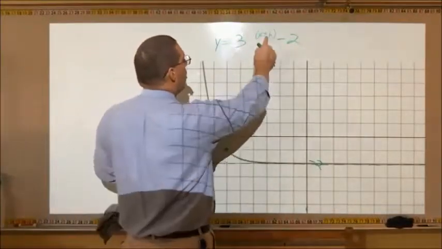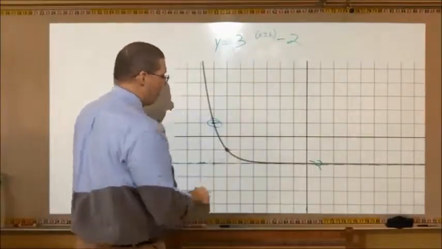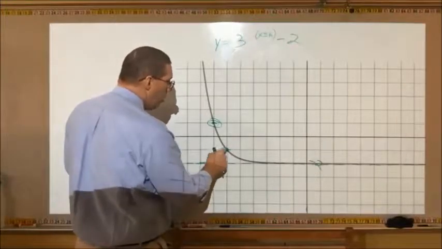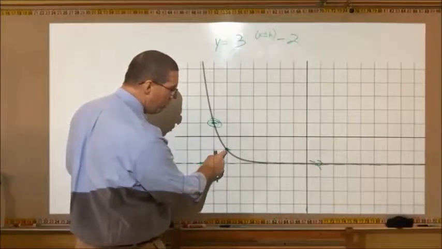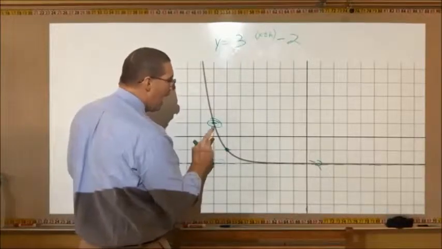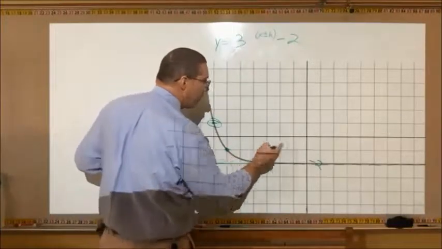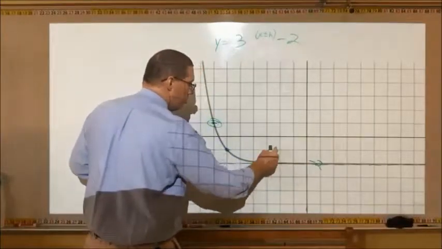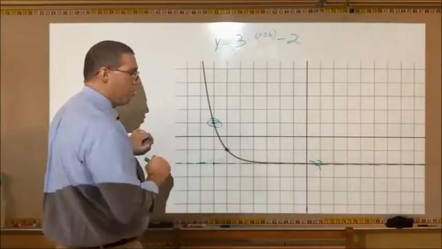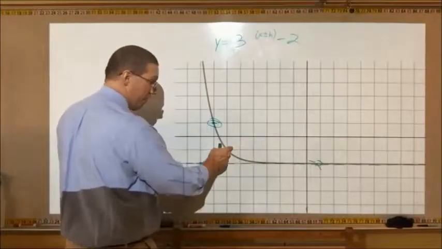Lastly, we want to know what to put inside with the x, right? Well, you want to look at this dot right here, the very first one you drew, the one that's 1 unit away from the asymptote. How far is this dot from the y-axis? How far over is it? It's 1, 2, 3, 4, 5, 6 units over to the left.